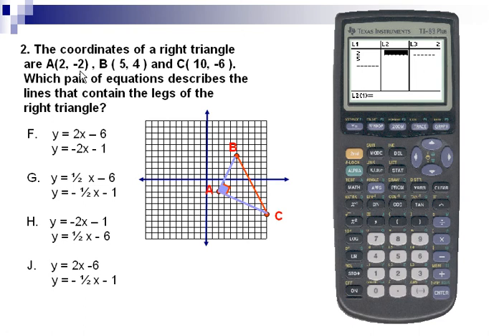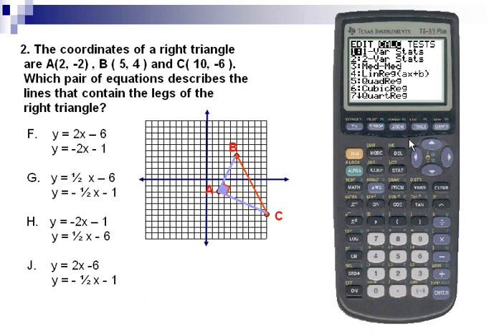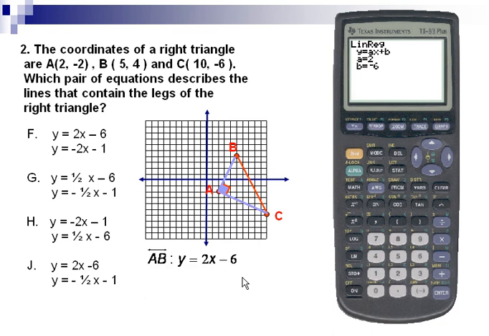Into list 2, we want to put the y values for the coordinates A and B. So input -2 and then 4. Let's calculate a linear regression. Go to number 4 and hit enter. So the equation for the line AB is y equals 2x minus 6.